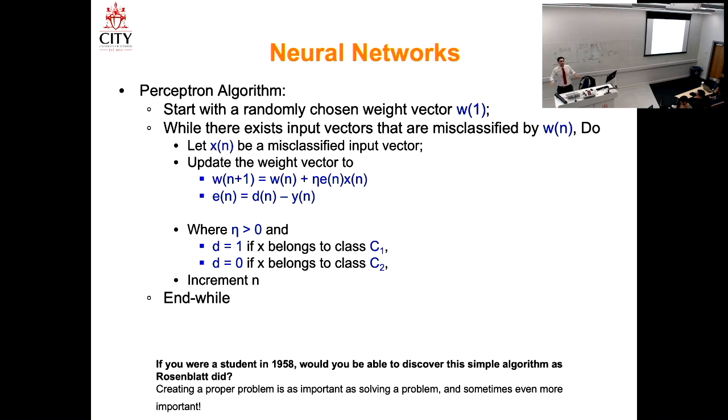Now all of them are done, start again. Take the first one, run it, take the second one, run it. If it is correct, nothing needs to be done. If it is wrong, I update the weights. And I keep doing these iterations, 10,000 times for example, until all of my items are classified correctly. So this is the idea behind the perceptron.